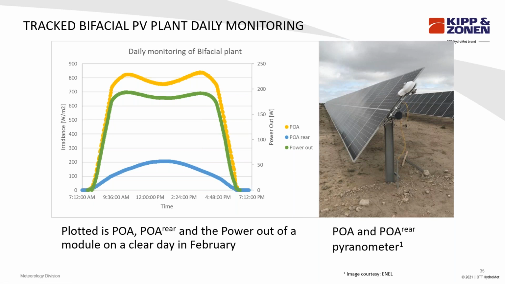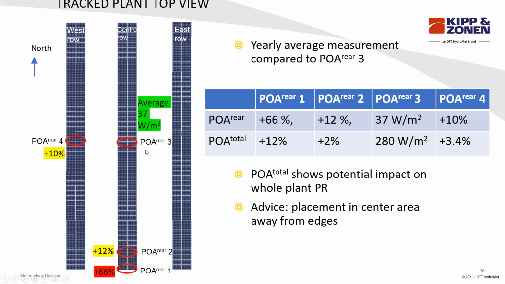And now we've also done the simulation where we compare different positions of installation. So we compared everything to the center position, where we measure an average irradiance of 37 watts per square meter. Again, if we place the pyranometer on the most southern point of the center row, we measure 66% too much, as is shown here in the table.